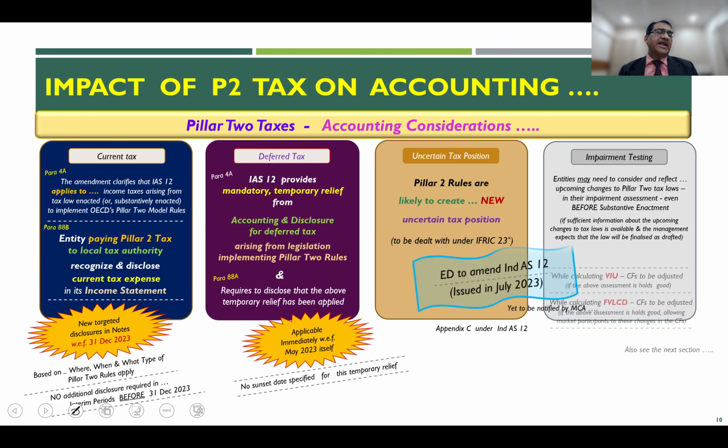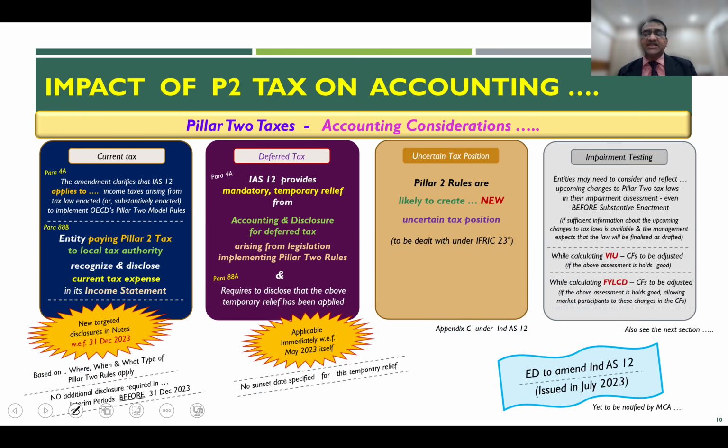And also, from an accounting consideration, we need to consider that even these BEPS Pillar 2 rules may create additional impairment testing requirements because of the facts which we have laid out here.